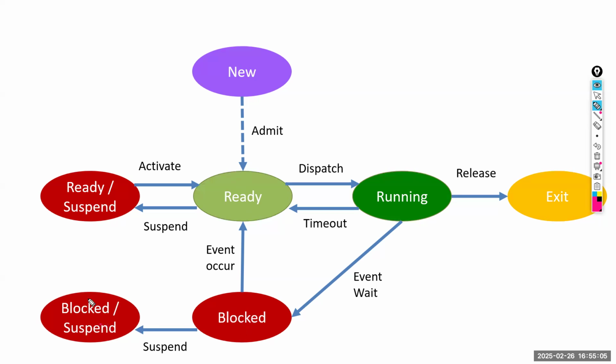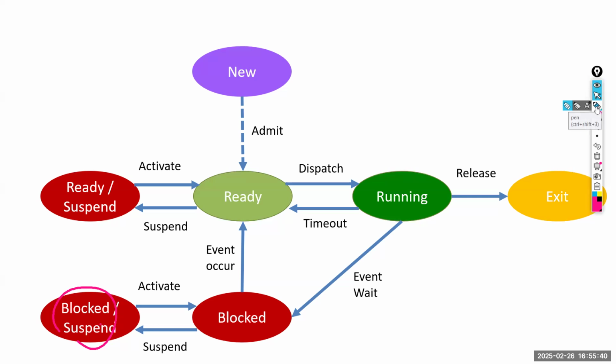Now there are two possibilities. Remember, it was in the block state waiting for user interaction, but the user has not interacted, and the operating system has decided to put it into the virtual memory also. That is why it's block suspend. One possibility is that memory is now available, so the operating system decides, okay, let's take that back into the physical memory.